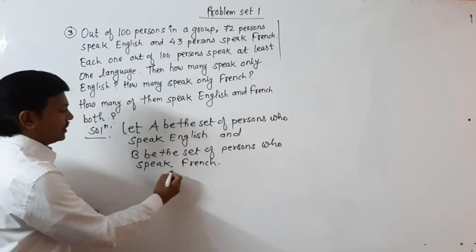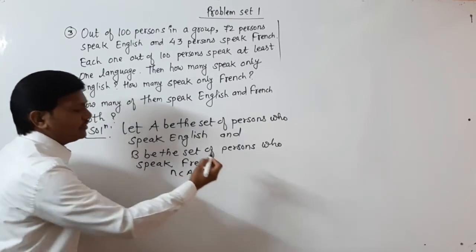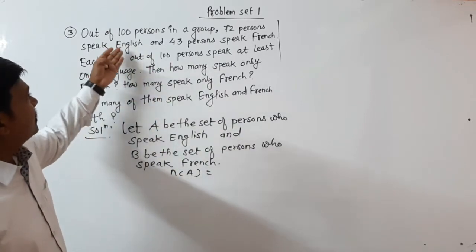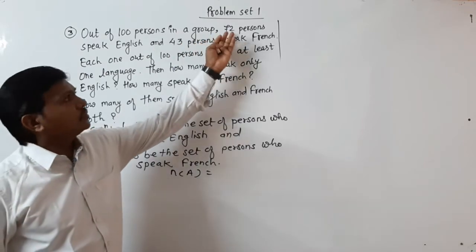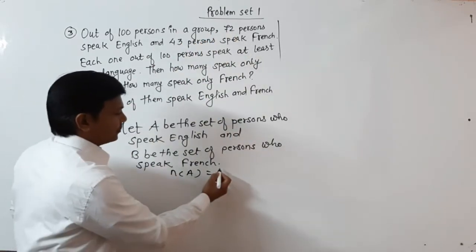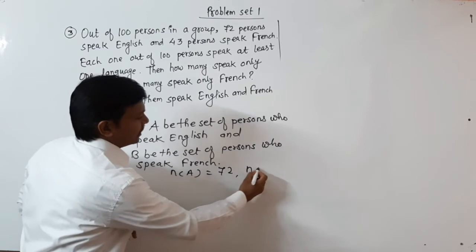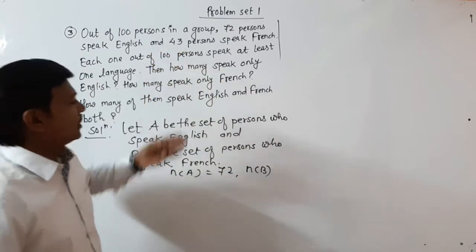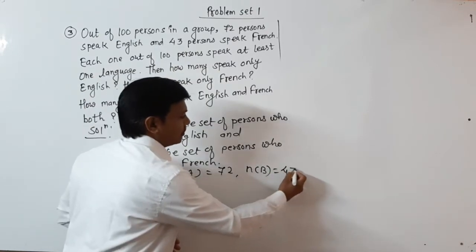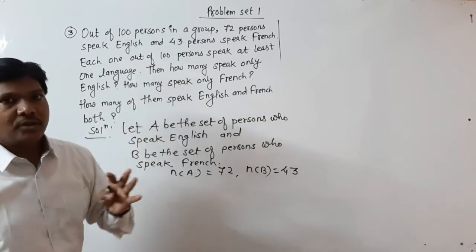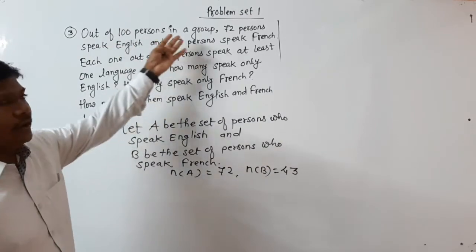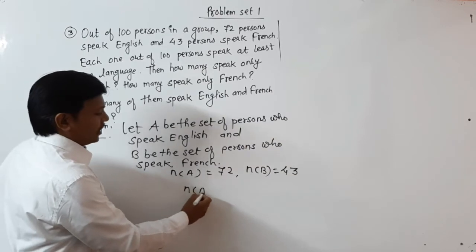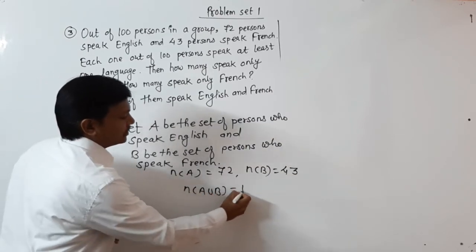Then NA means the number of persons who speak English, which is given as 72, so we write 72 here. NB means the number of persons who speak French, 43 is given, so write 43. And the total number of persons in the group who know at least one language is A union B, that is 100.